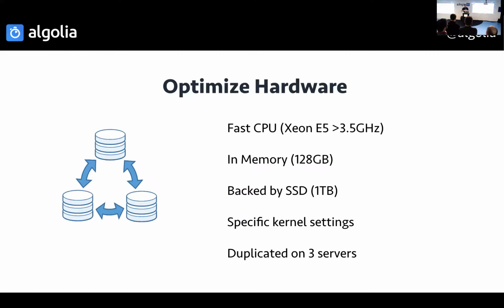We have only CPUs that go up to 3.5 gigahertz. What you find today on Amazon or Rackspace or any virtualized provider is like 40 cores of 2 gigahertz. We went for maybe 8 to 12 cores, but very fast cores, because search is also a lot about single thread processing.